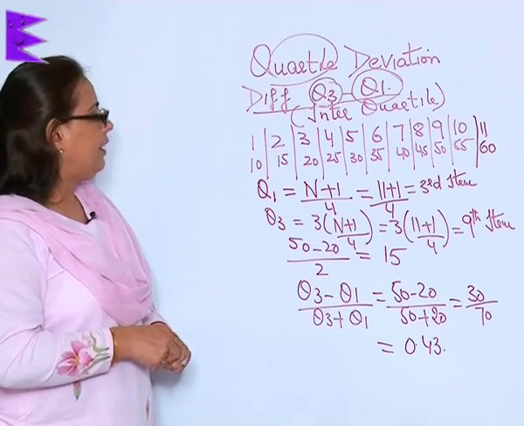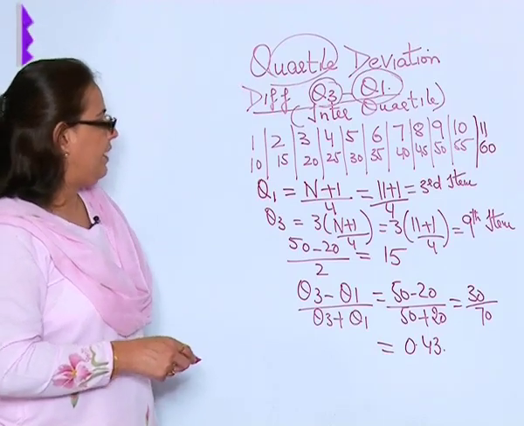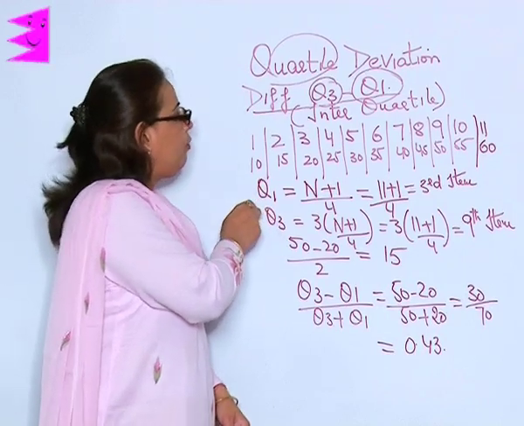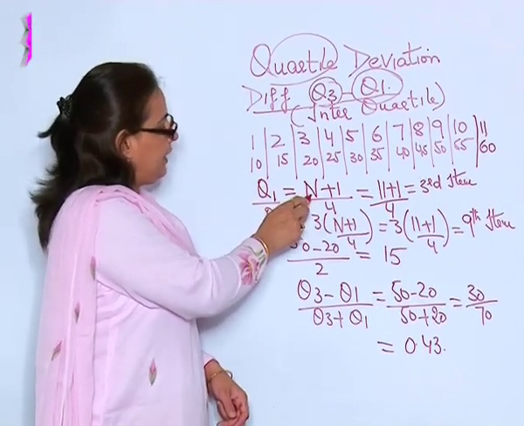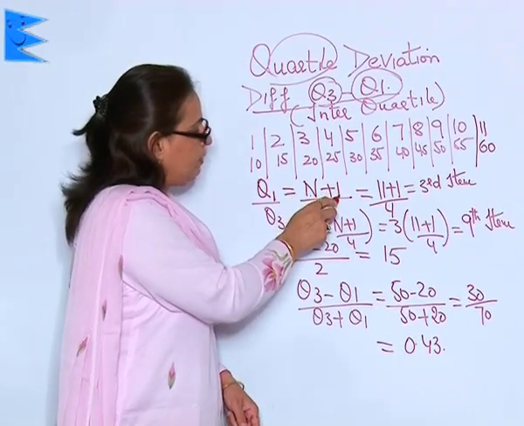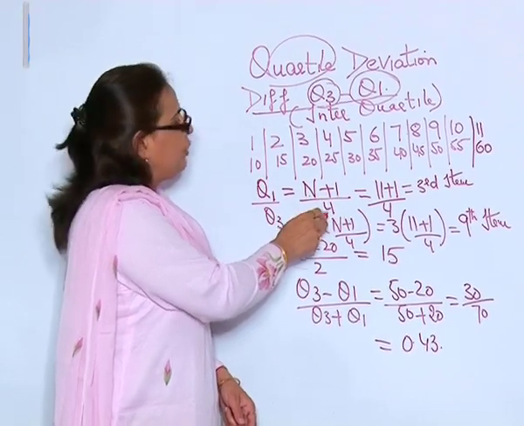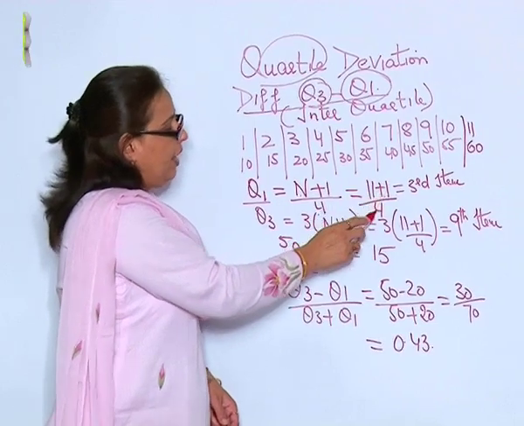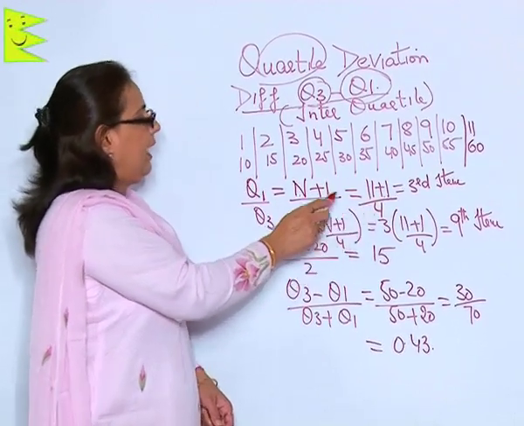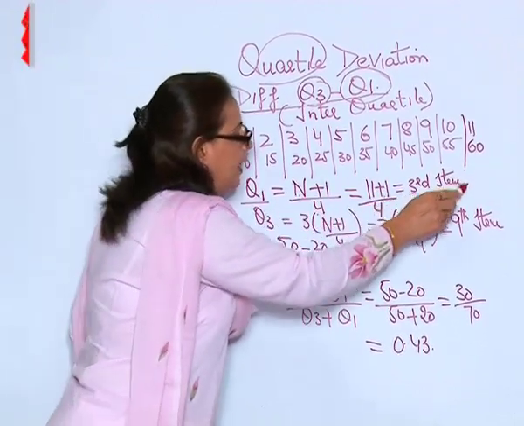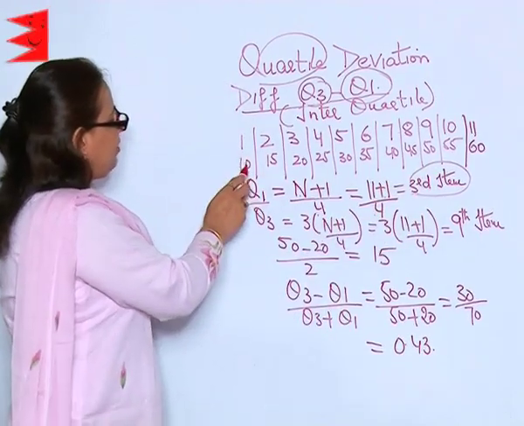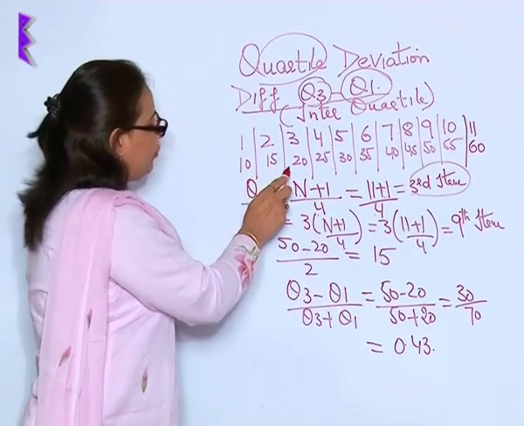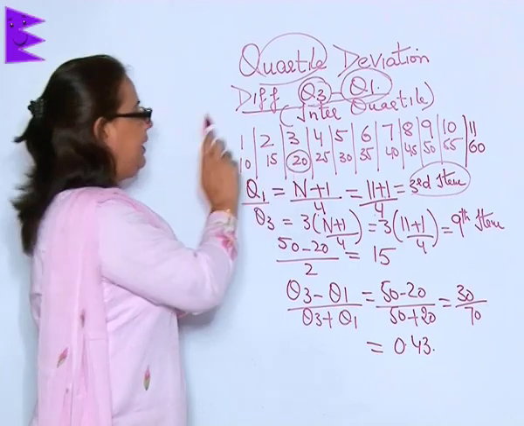So, Q1 is the number of observations plus 1 upon 4, which means 11 plus 1 upon 4, that is 12 upon 4, and this is the third item. Which is the third item here? 1, 2, 3, which means 20.